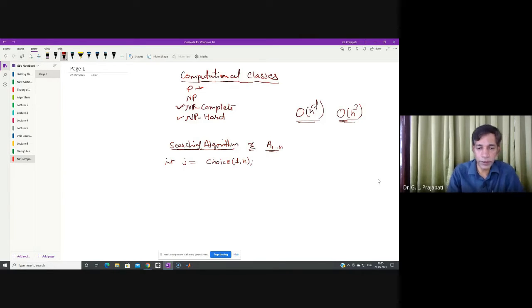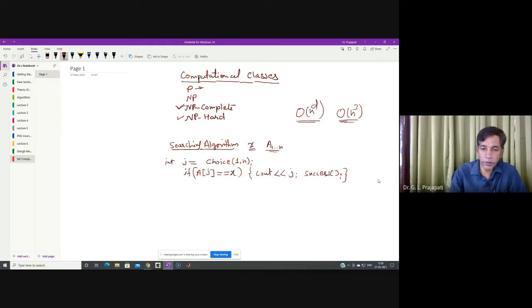So you can just check if aj, j is the index returned by choice, and if this is equal to x, which you wanted to find, then what you need to do, if this is the index, then you are going to return, say for example in C++ you can use cout, j, and then you can say success.